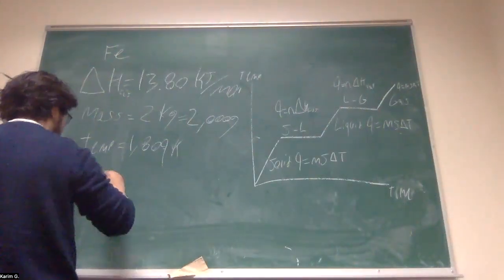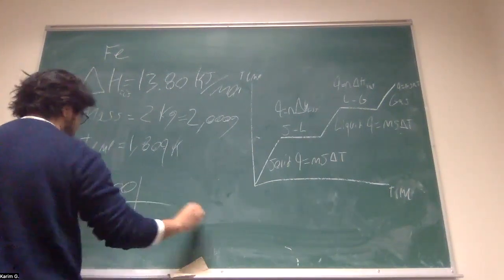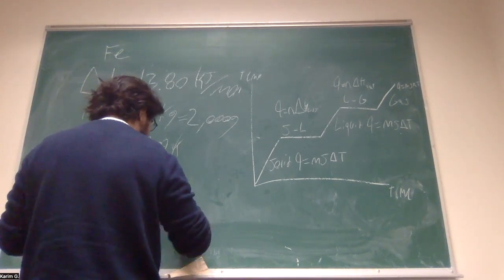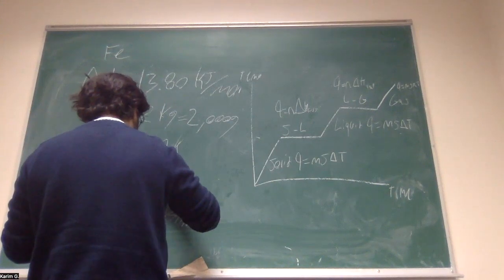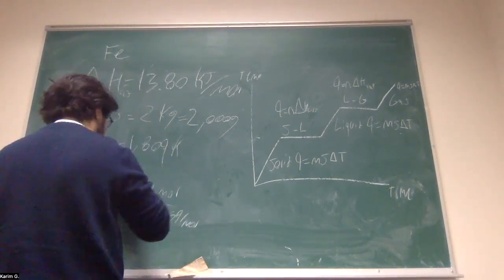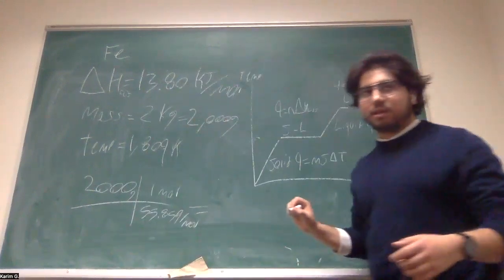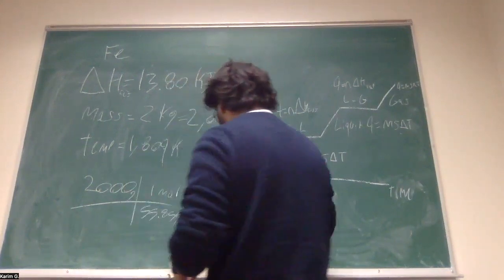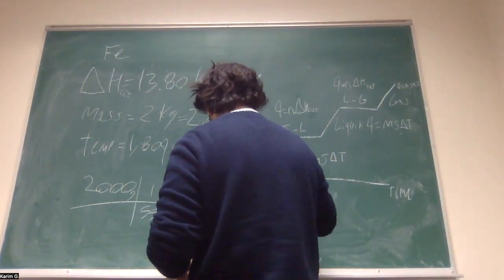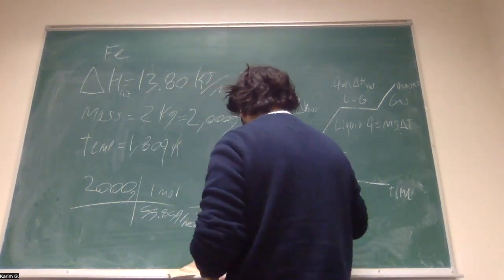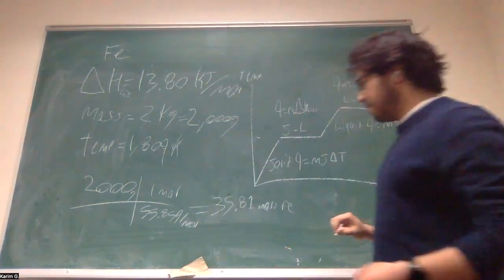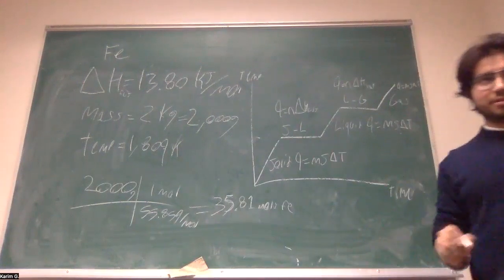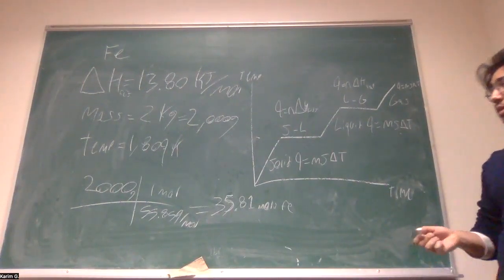What's the molar mass of iron? 55.85 grams per mole. There's 1 mole per 55.85 grams. What do you guys get when you do that? 35.81 moles Fe. Okay. Now what do we do with the moles?